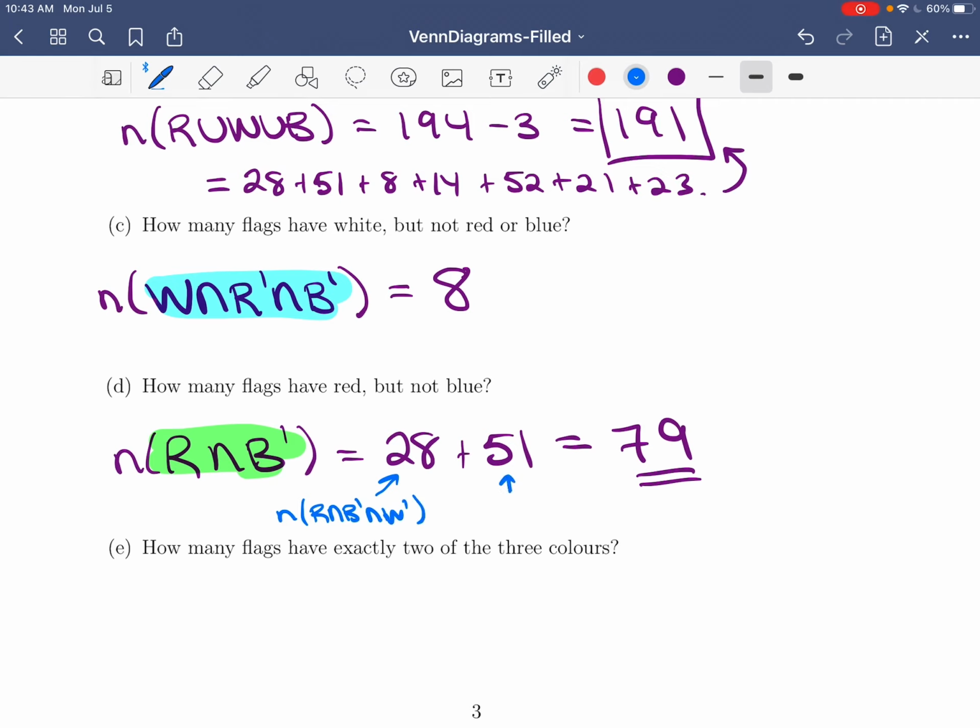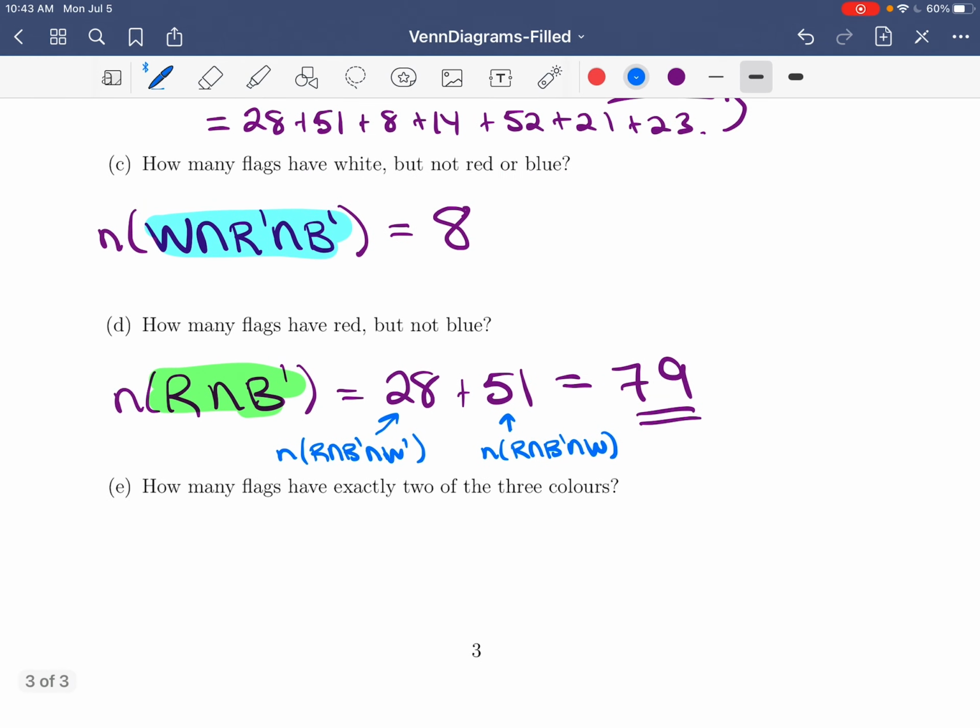And these are the ones that have white on them. Okay, the notation isn't so important, but I'm just trying to get you used to it. Okay, now this one is hard to write with notation. Not as one set anyway.